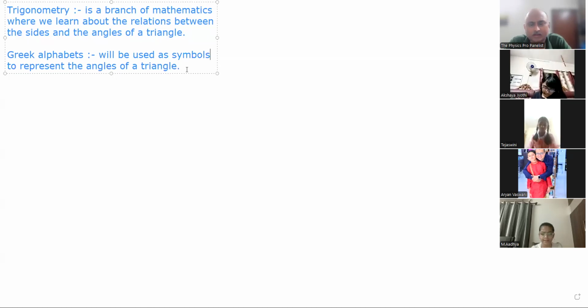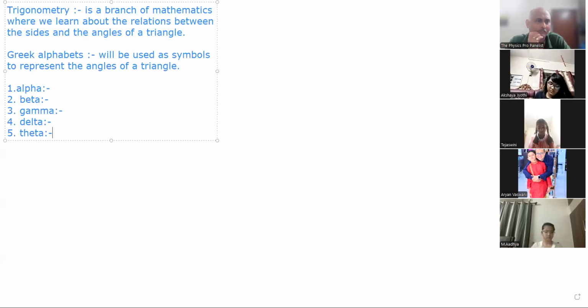These are a few of the Greek alphabets which you should be aware of. First one is alpha. Second one is beta. Third is gamma. Fourth is delta. Fifth is theta. So these are a few of them, right? Alpha, beta, gamma, and theta.